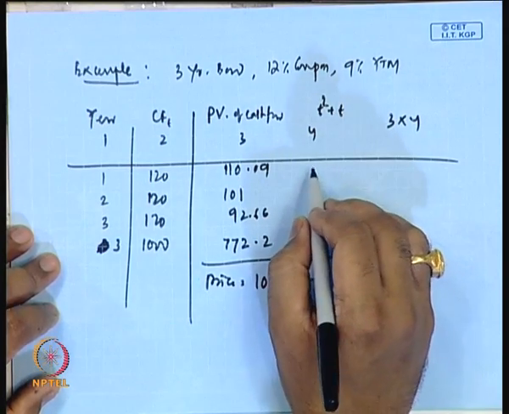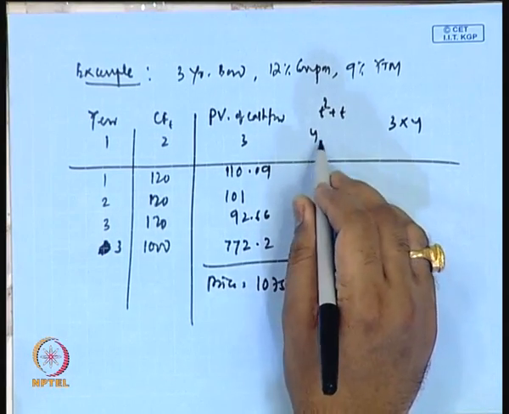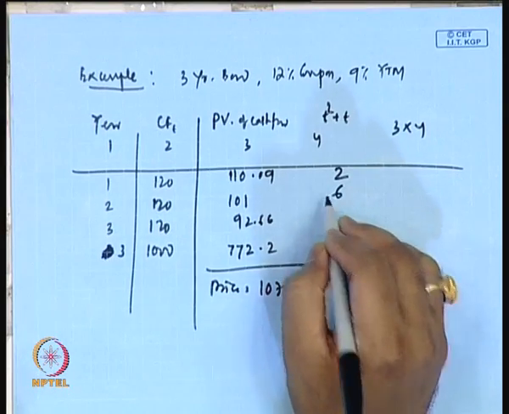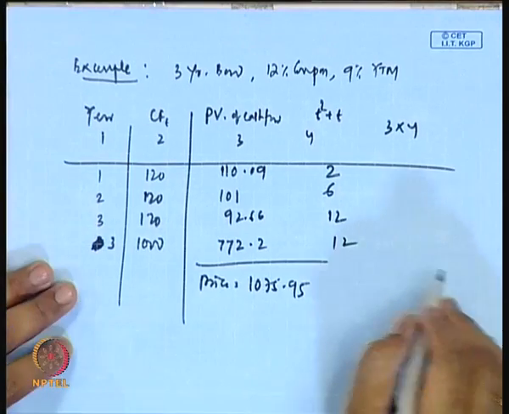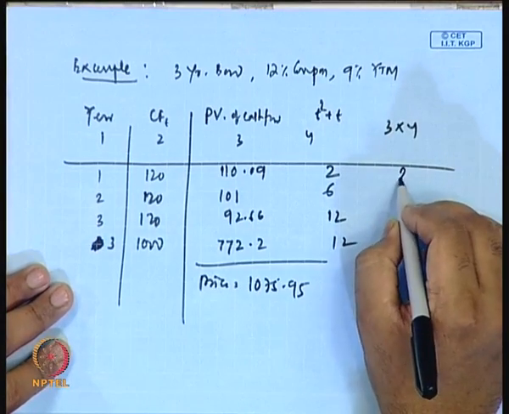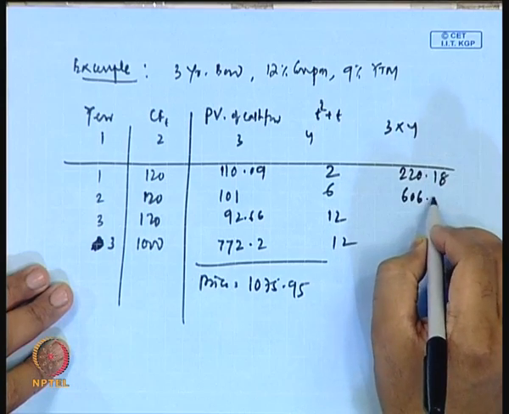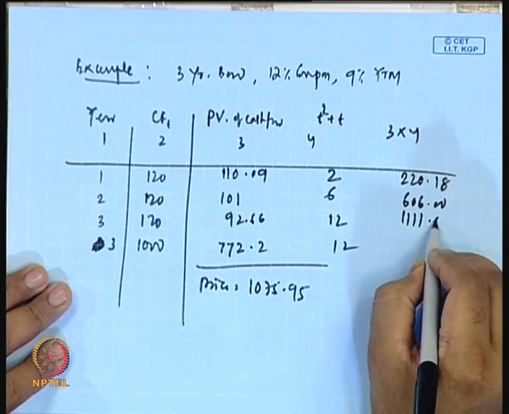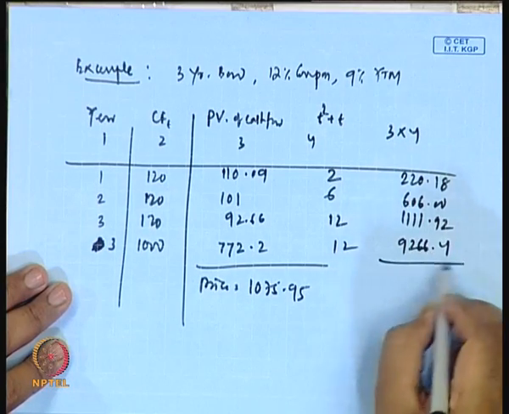Here t is the time, so 1 square plus 1 is equal to 2, then 6, then 12. If you multiply these, you will find 220.18, 606.00, 111.92, 9266.4, and finally the value will be 11204.5.